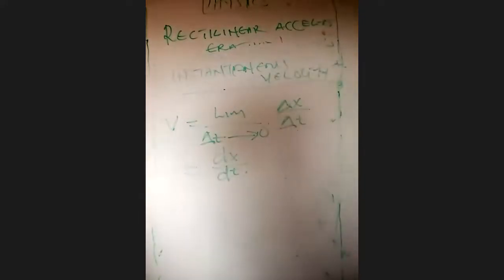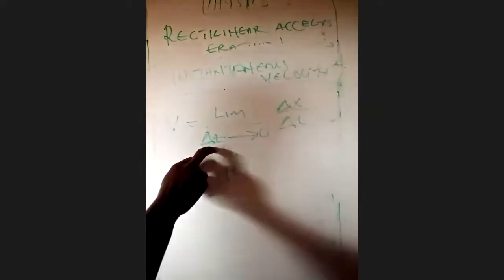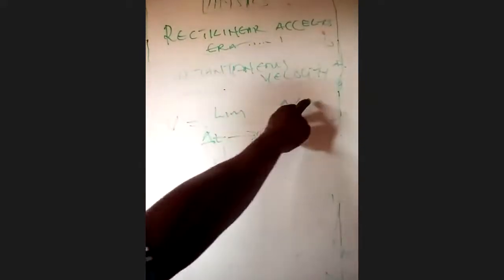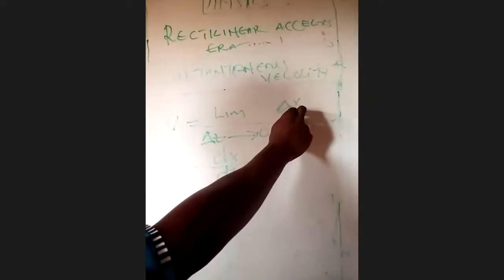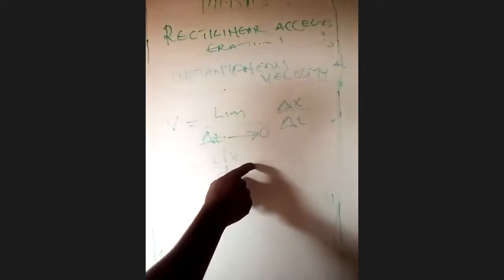But under instantaneous velocity, we have to differentiate the displacement with respect to time. And that is why velocity is the ratio of displacement over the time interval. And this is going to give us dS over dT.